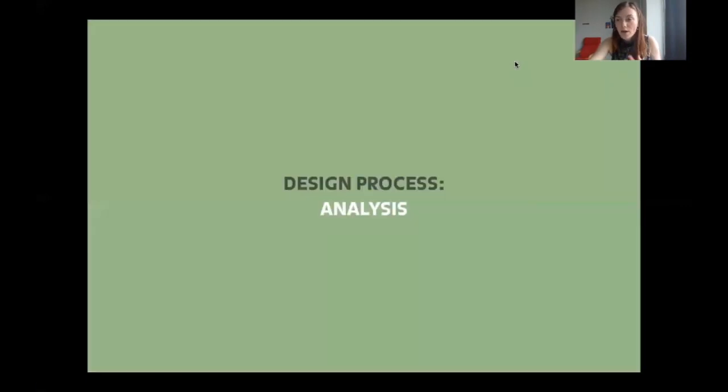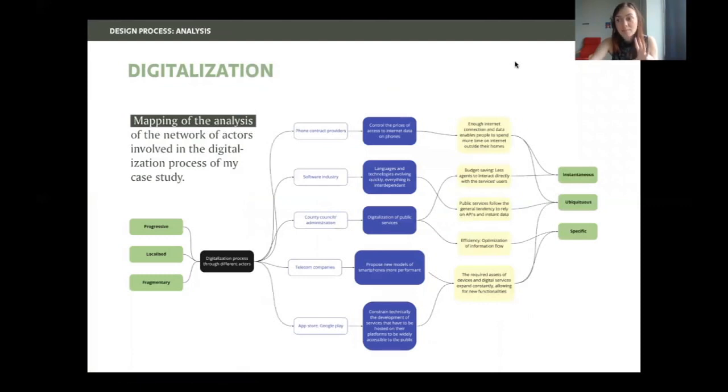So I made a short analysis of the digitalization processes that I observed in my case study, according to the different actors that are involved in provoking obsolescence. The first direction is from progressive experiences to instantaneous experiences. The second one is from localized interactions to ubiquitous interactions.